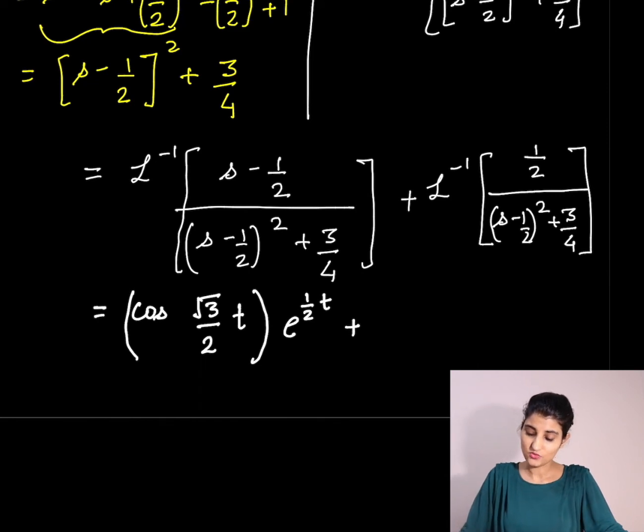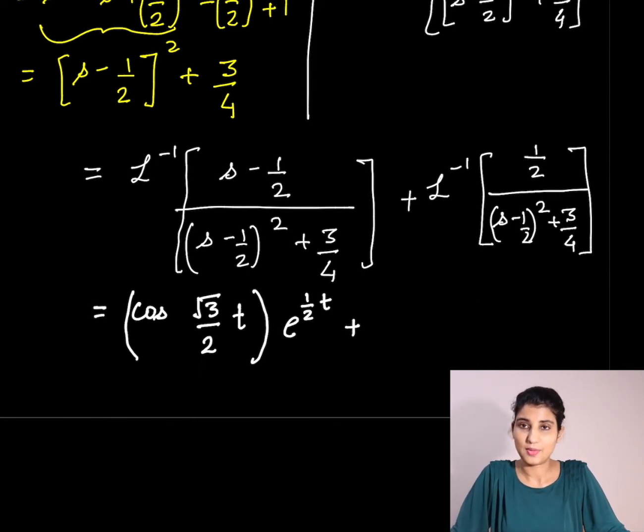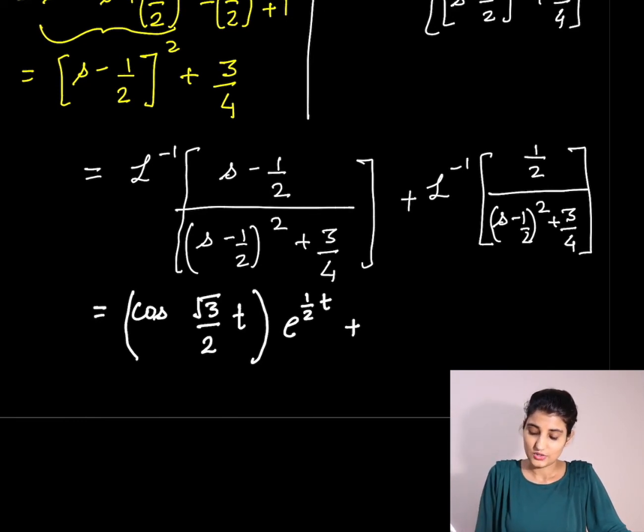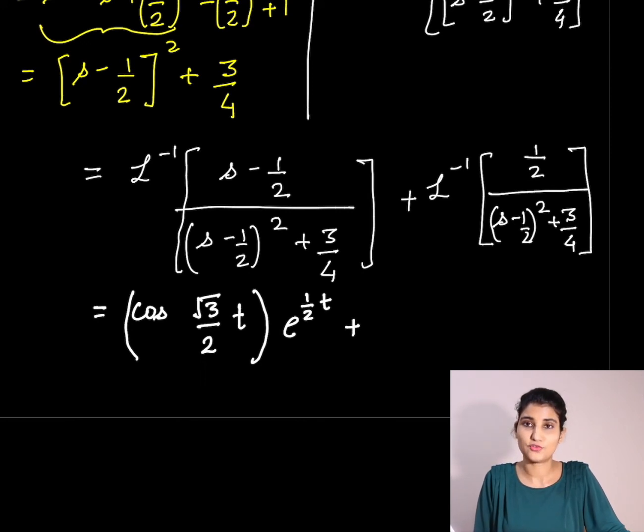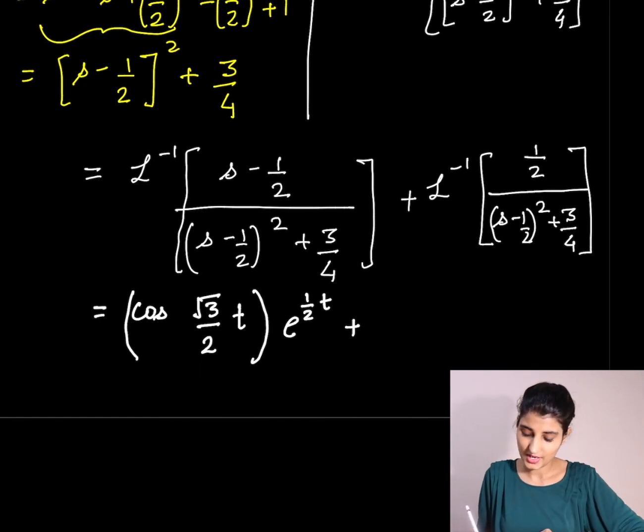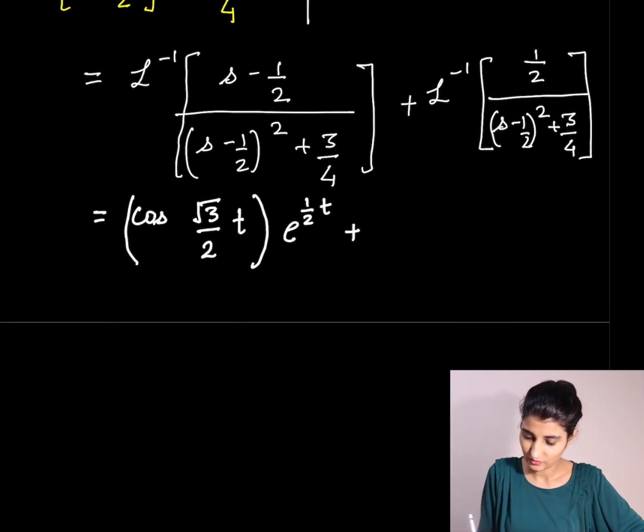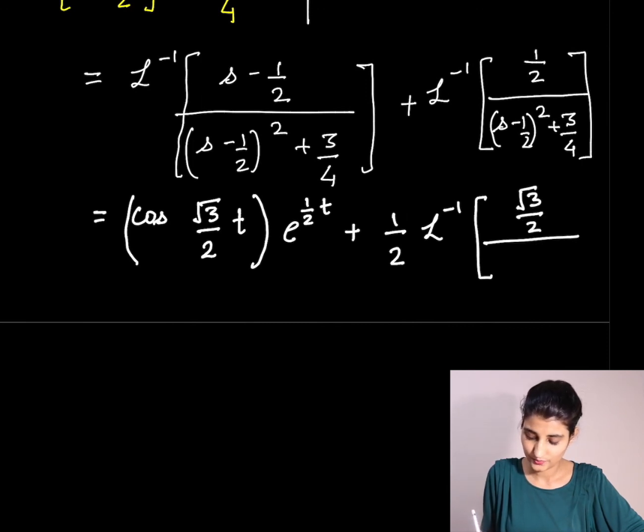Plus, in the second one, this resembles the Laplace inverse of sine, but then in the numerator we should have omega, if 3 over 4 is omega square. So what we are going to do is pull out the 1/2 and multiply by square root 3 over 2.